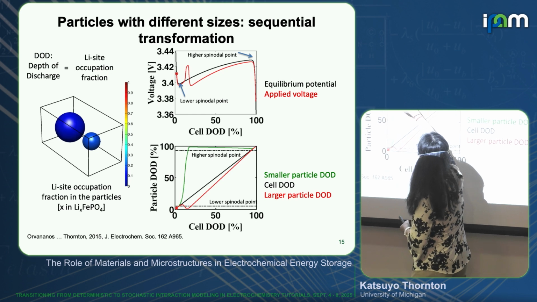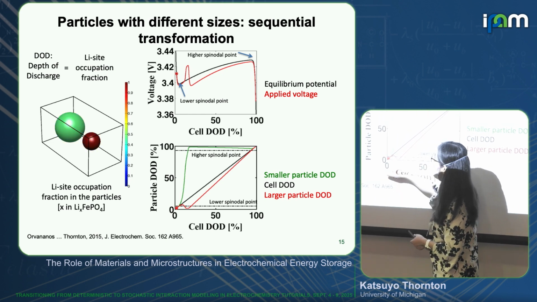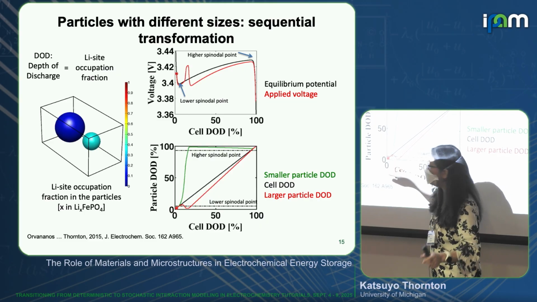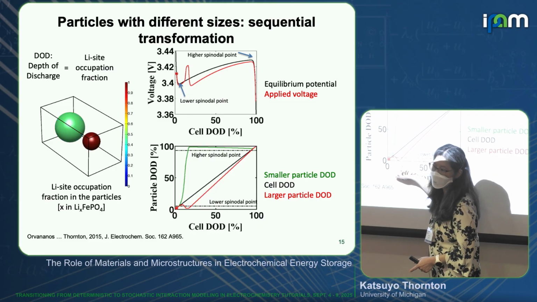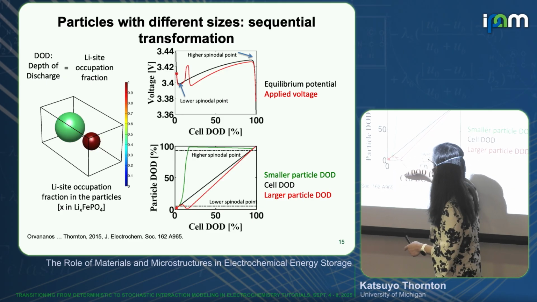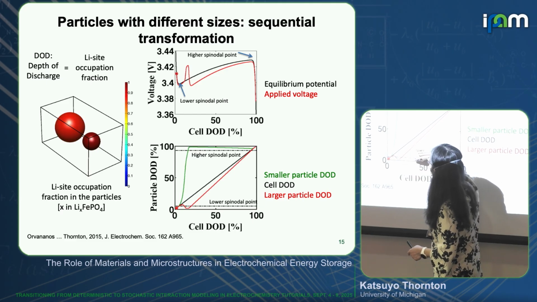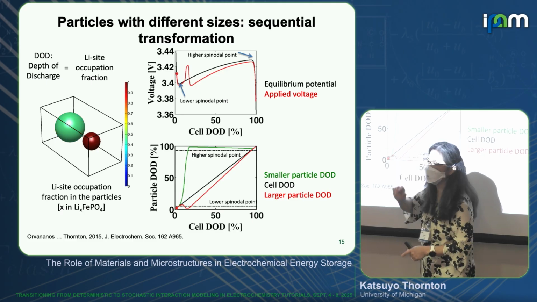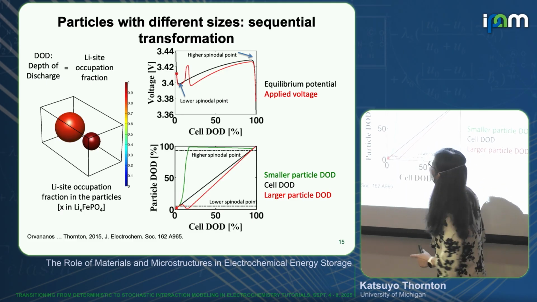So this is for the small particle. While the larger particle, surprisingly, at least at that time, actually delithiates, which might be hard to see over there. It can only lithiate after the smaller one is done lithiating.